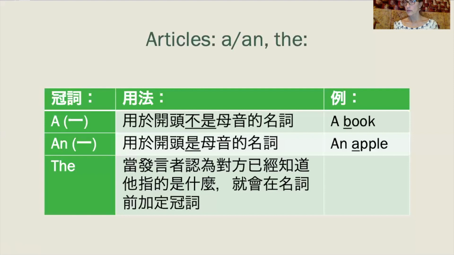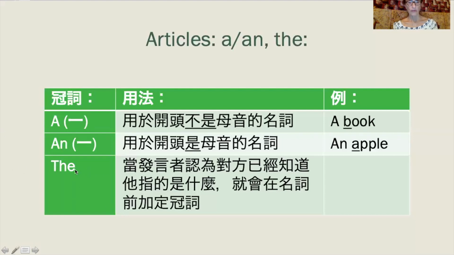So when you think the other person knows what you're talking about, you use the when you're referring to the noun. In English, nouns almost always have an article in front of it, a or an, or the, or this, or that, or these, or those. They don't appear alone.